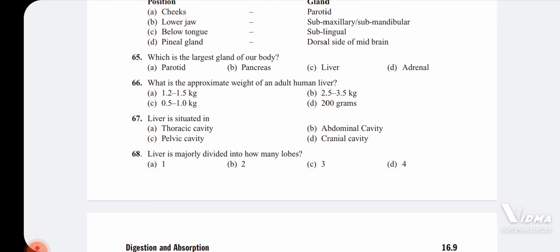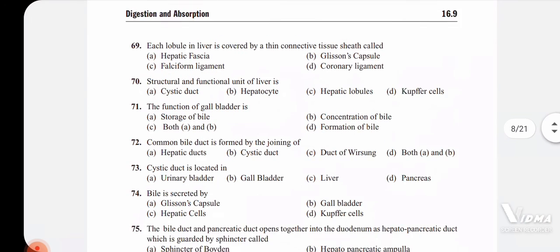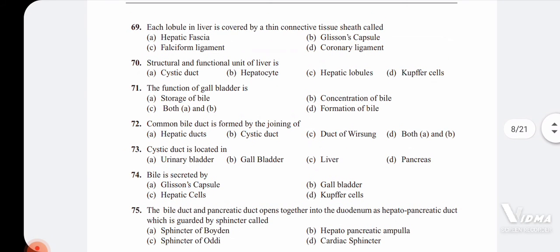Next, 68th question, liver is majorly divided into how many lobes? The liver is majorly divided into 2 lobes. Next, 69th question, each lobule in a liver is covered by a thin connective sheath called.